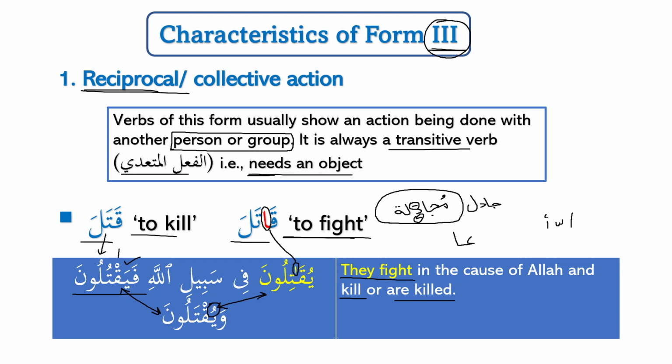If you find any of these, this is form number 2, 3, or 4. Basically, this is 2, this is 3, and this is 4. If there is no alif, no tashdeed, and no extra hamza, that means this is the passive form of the mudari. Is this clear? Yes, Ustad. Okay, excellent.